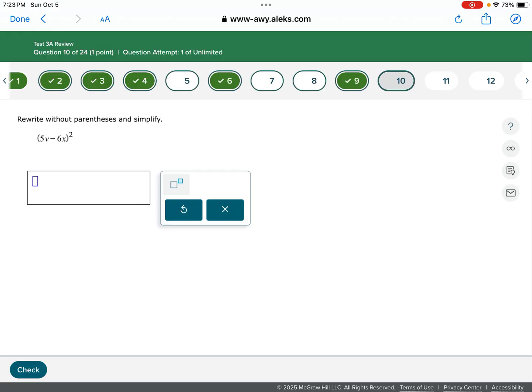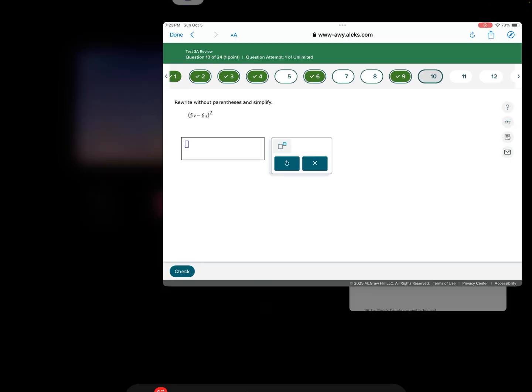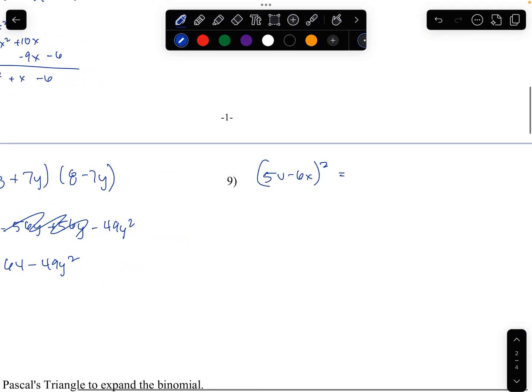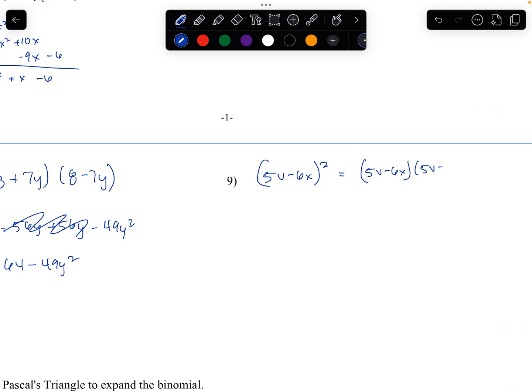For this one, 5v minus 6x squared. So 5v minus 6x squared. Now that's just the same thing as 5v minus 6x times 5v minus 6x. So 5v times 5v is going to be 25v squared. 5v times negative 6 is going to be negative 30xv.